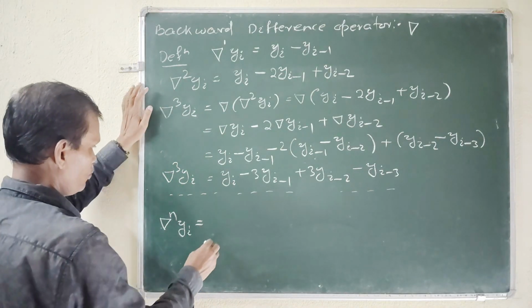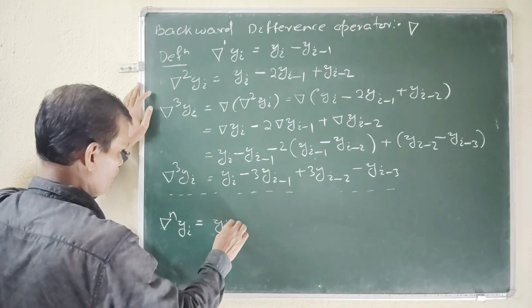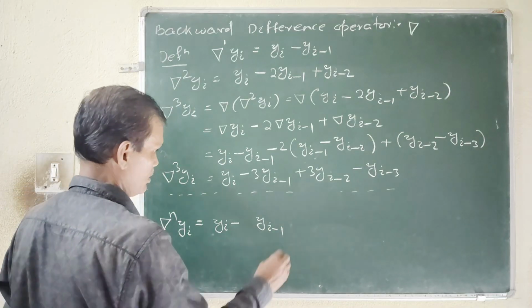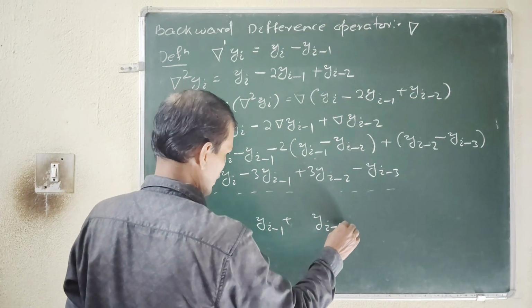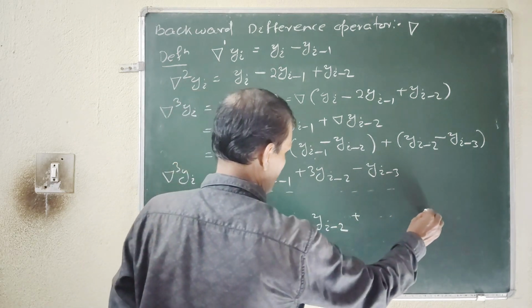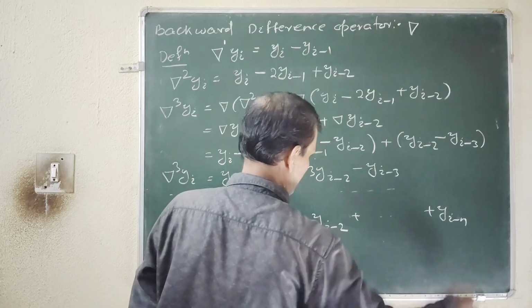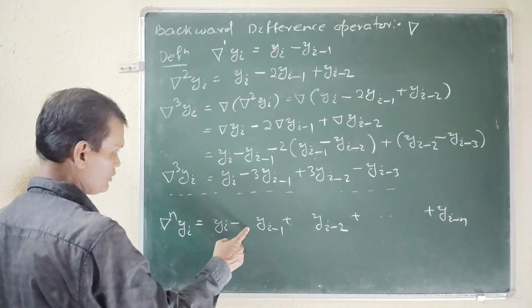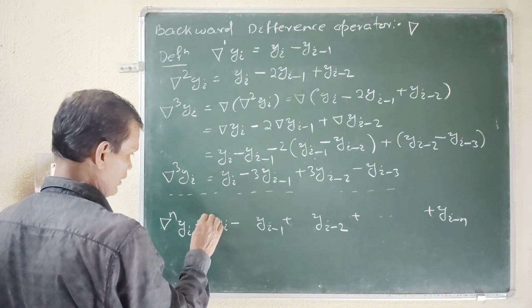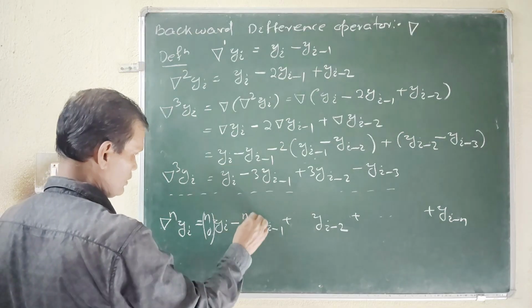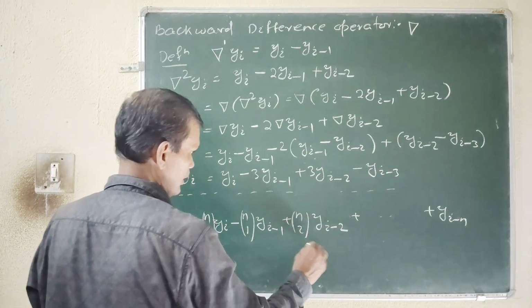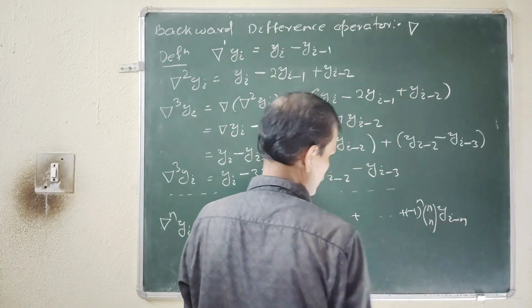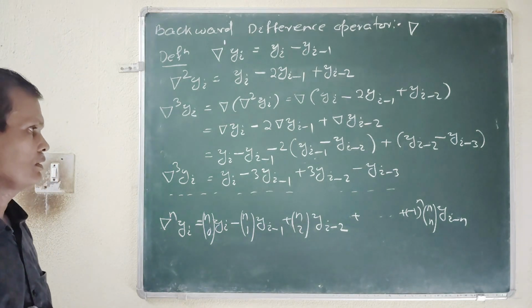Similarly, for order n, we write yi minus n C1 yi minus 1 plus n C2 yi minus 2 and so on, and the last term is yi minus n. The coefficients are n C0, n C1, n C2, and so on, and the last term has minus 1 to the power n. This is the formula for backward difference.